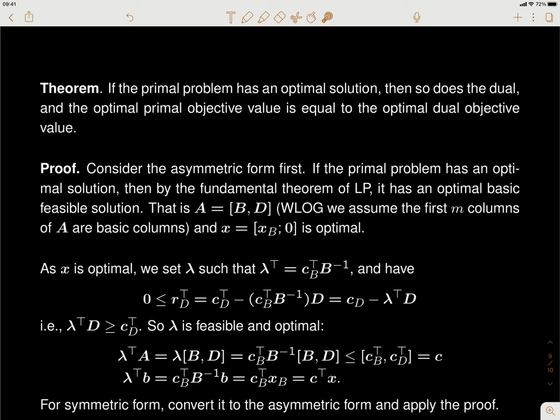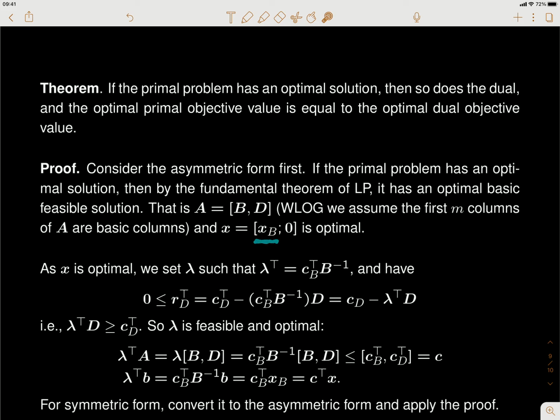Now suppose we can collect, or move around, the basic columns of the matrix A. Remember what we did for the simplex method. The basic columns of matrix A we call B, and the rest of the columns together we call the matrix D. When we consider the basic feasible solution, only the variables corresponding to the basic columns are the basic variables.